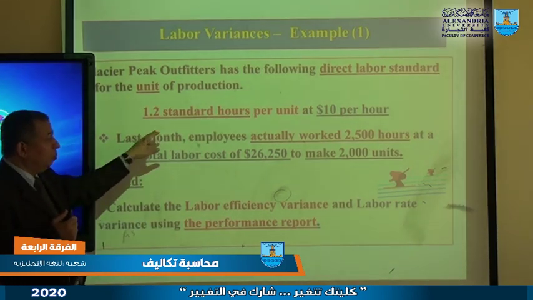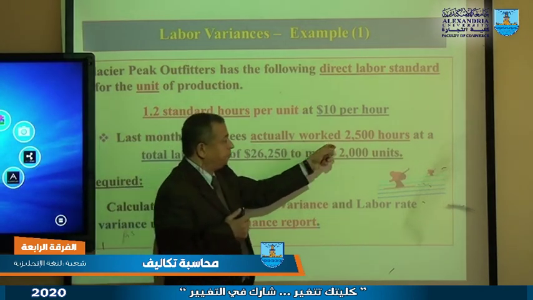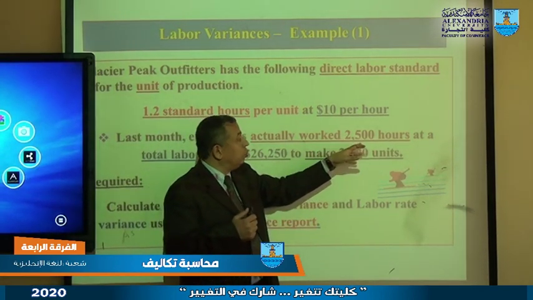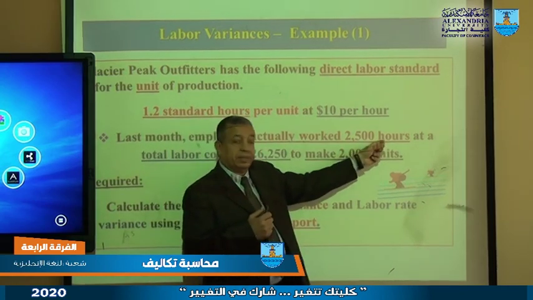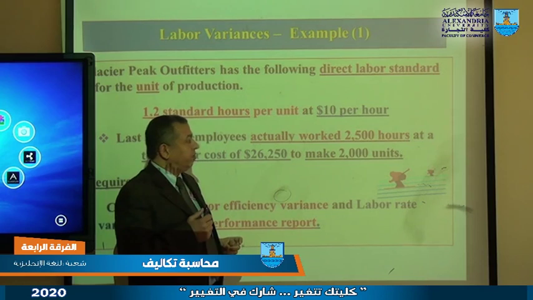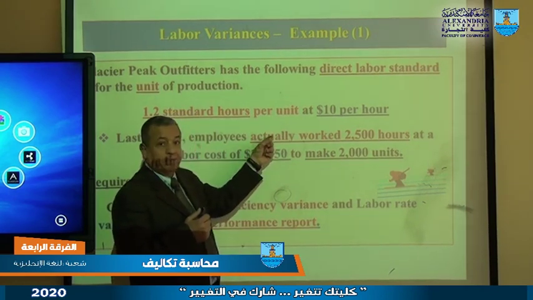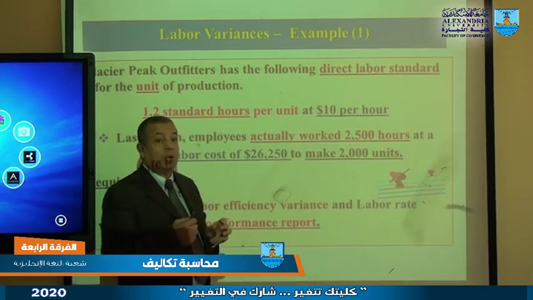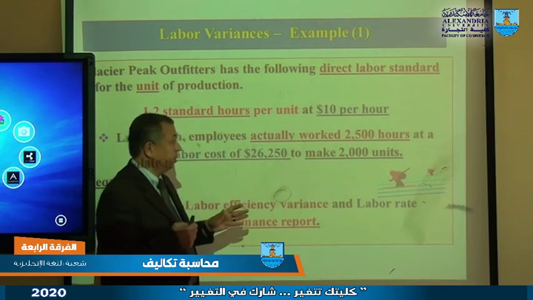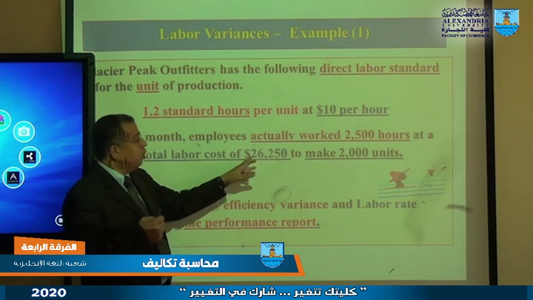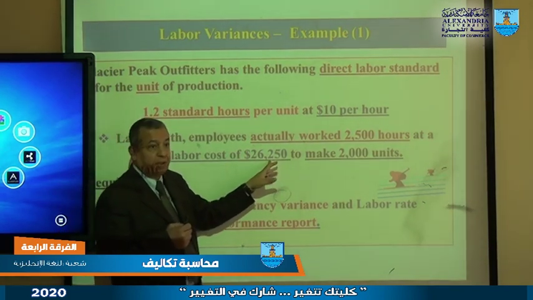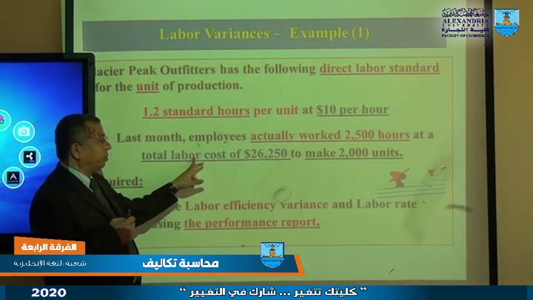Last month, employees actually worked 2,500 hours. Again, actually worked hours. You have to know what it means. It means it's actual hours. At a total labor cost of 26,250. Again, total cost.